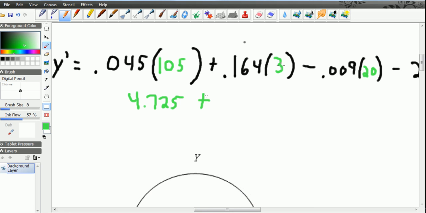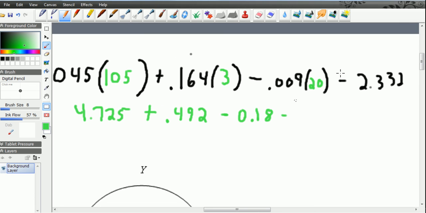And that's 0.492. And then we're subtracting a very small value, 0.009 times 20 is 0.18. And then also don't forget subtracting 2.332.